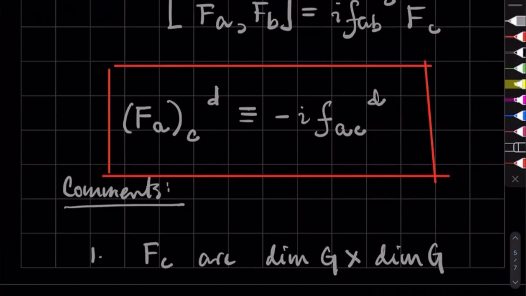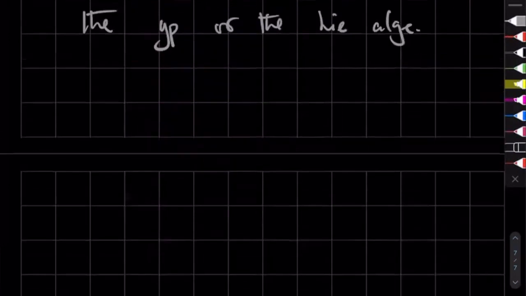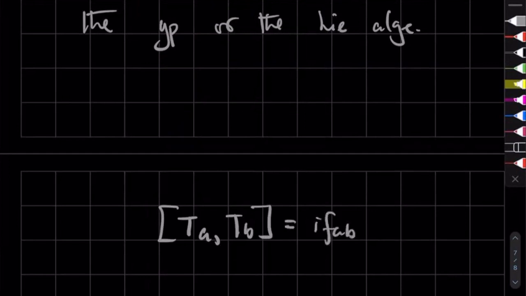Sir, could you explain the notation upstairs and downstairs and how it would make a difference? I'm a bit new to this. So yeah, when we talked about Lie algebra, it was TA, TB is I F of AB, TC. We had a choice. We could have written the C here, or we could have written the C here. It doesn't really matter.